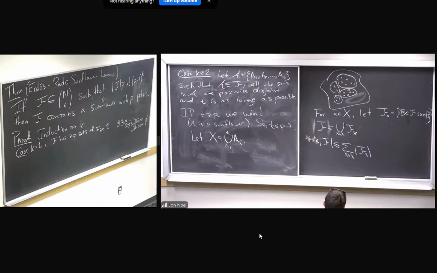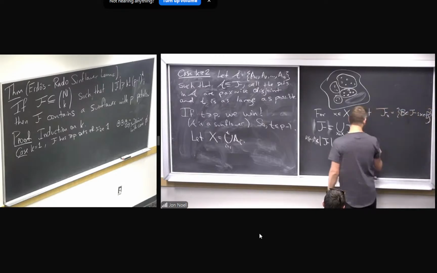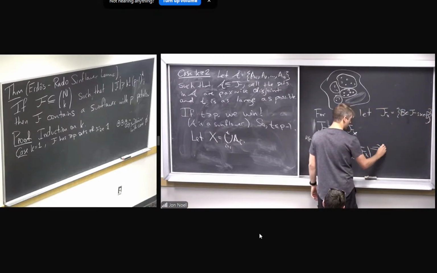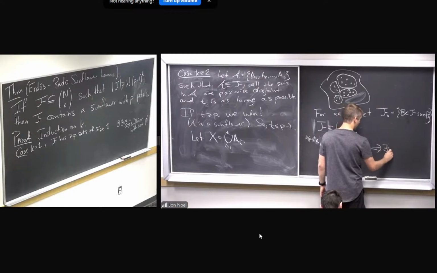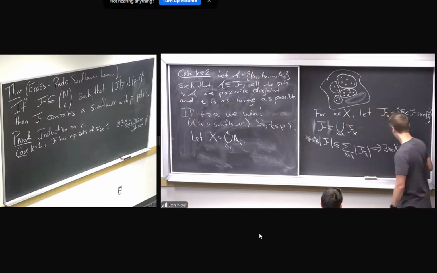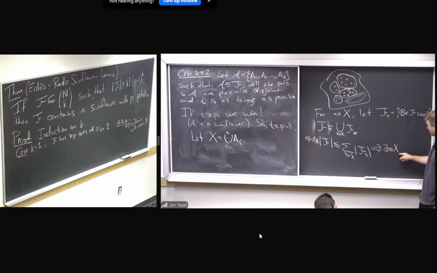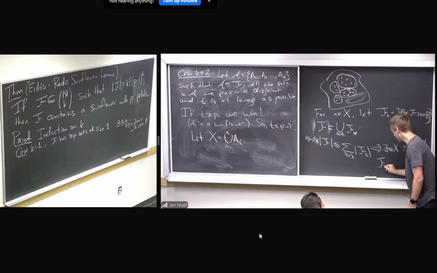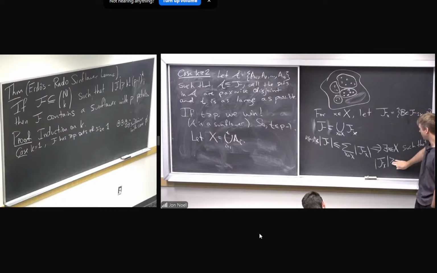Now we can do a little bit of pigeonhole. So then we can say that there's some x in X such that this Fx has size strictly greater than k factorial times p minus 1 to the k over the size of X. Right?